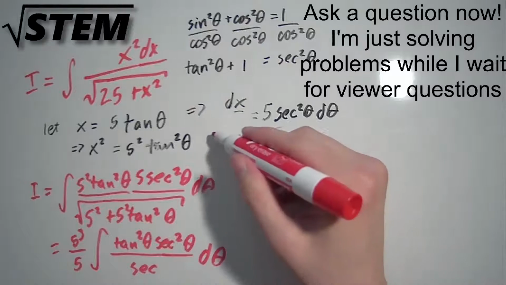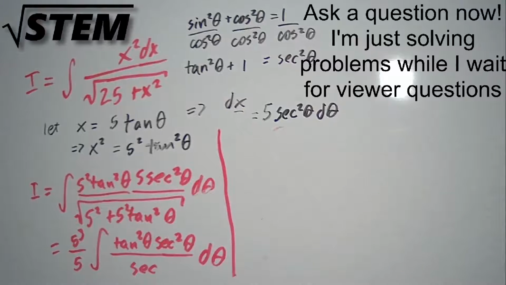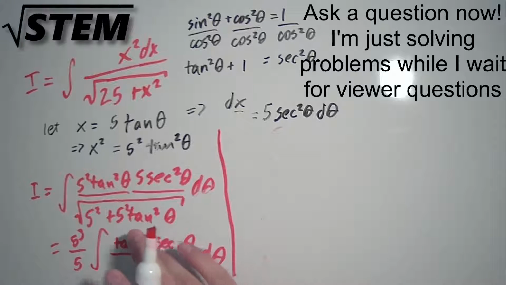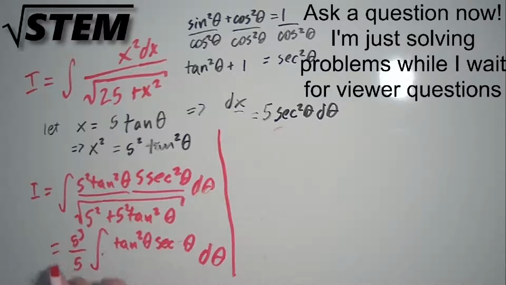We are probably going to have to erase most of the board a few times. So secant squared divided by secant is just secant to the first power on top. It's not even a fraction in there anymore. This 5 cubed divided by 5 just becomes a 5 squared.